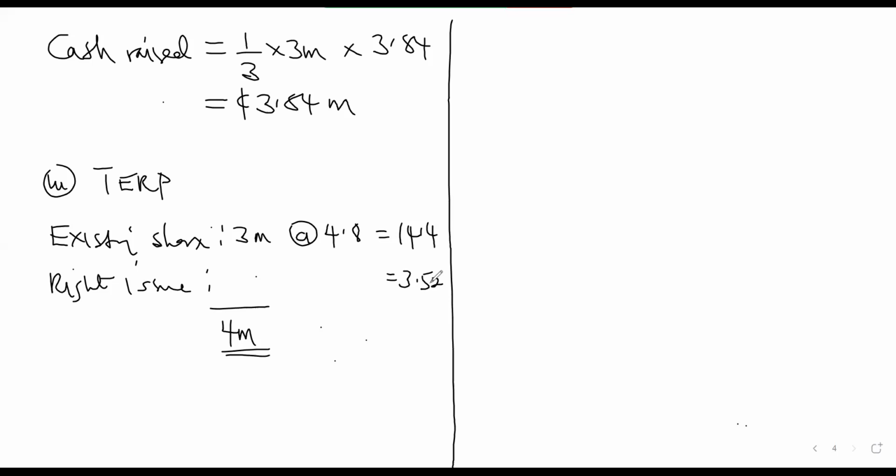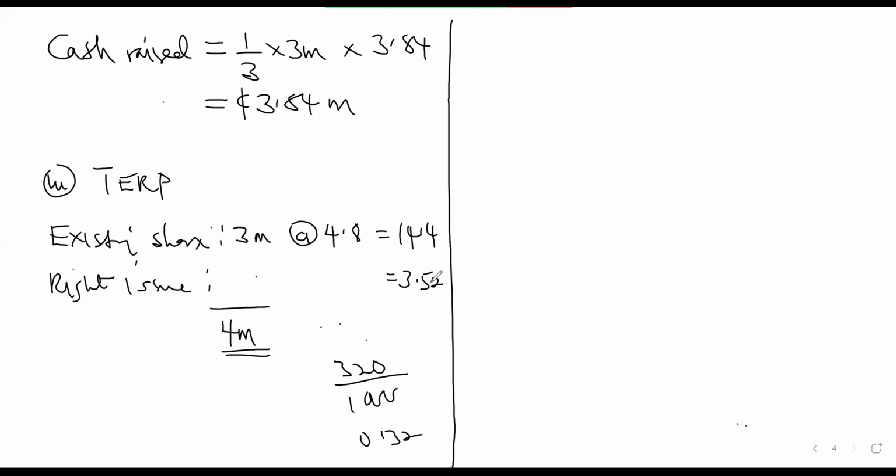Or if you want, you can also find the 320. You are incurring the 320 on how many shares? On 1 million shares. So you can also find the issue cost per share before you subtract it from that one. This can also be divided by 1,000, and you'll still be getting 0.32.